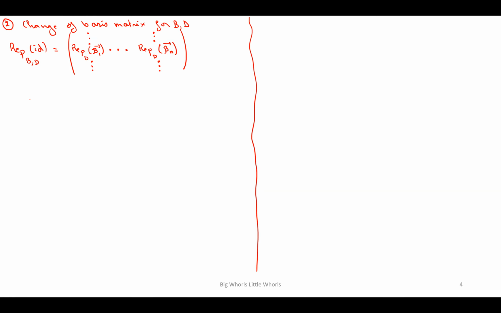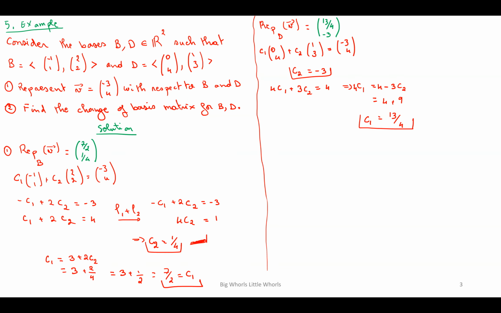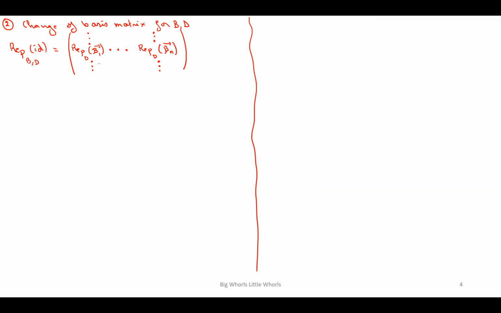Okay, so what we have to do is here we have the elements of the basis vector B. So B, recall, is the element of B, and the element of D. I hope I'm not mistaken here.